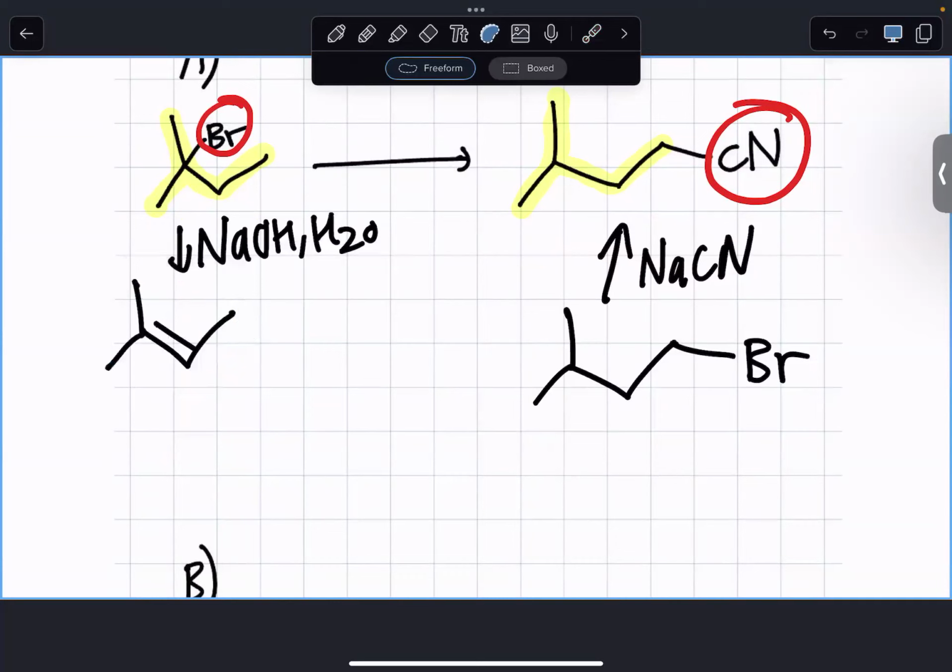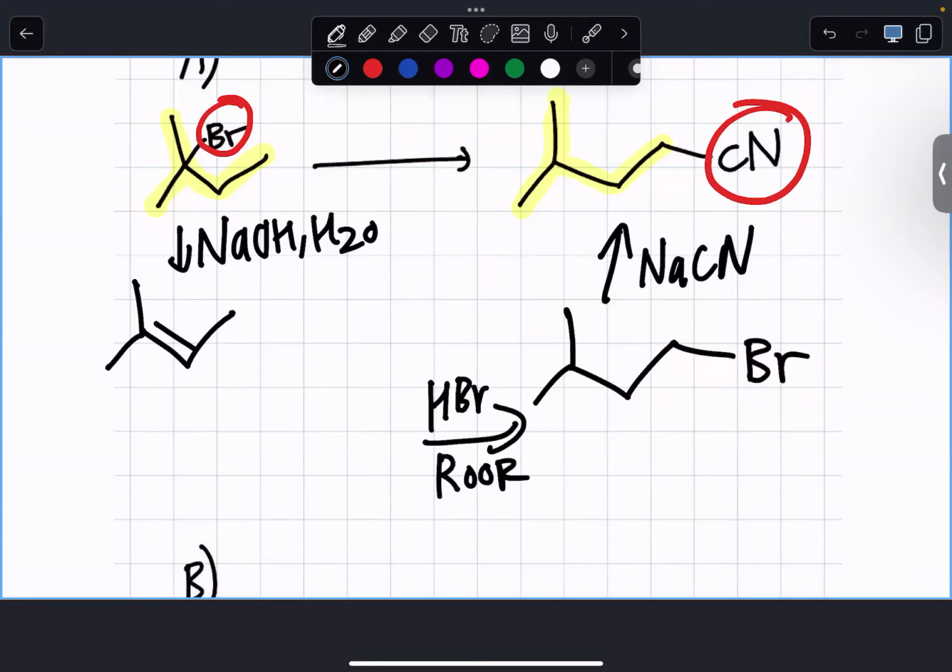Okay, let's go backwards. You notice how this bromine here is on the less substituted carbon? Let's imagine there's a double bond there. What is one reaction you guys know that adds a bromine to the less substituted carbon and a hydrogen to the more substituted carbon? Yeah, which is HBr and ROOR, peroxide, which came from that double bond right there.